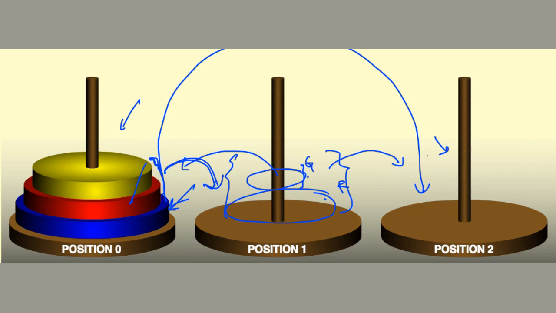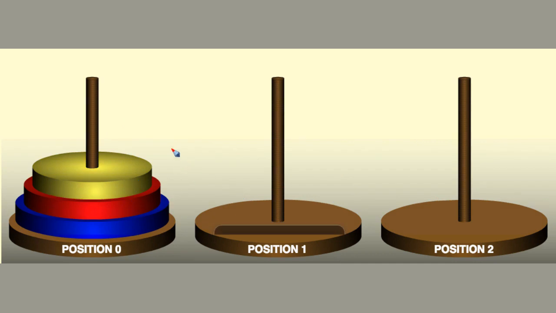So actually the problem is reduced at each point. In order to pick this blue disk, we need to remove these 2. In that case, the problem is reduced to n equals 2, and the source tower is this one, the destination is this one, the auxiliary is this one. So we need to move these 2 disks from here to here.